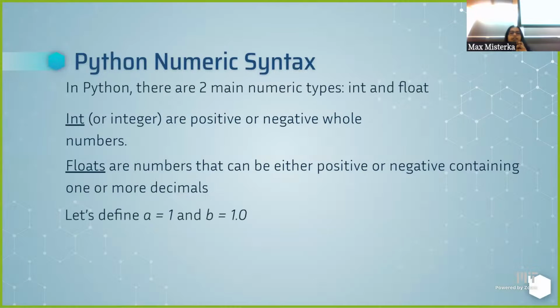So here we have a equals 1, b equals 1.0, print type a, print type b. Then we see that it prints that a is class int and b is class float. So this goes back to b having the decimal and a does not.